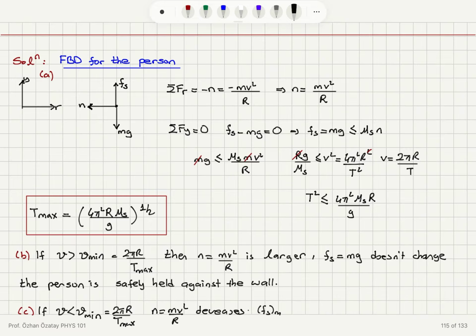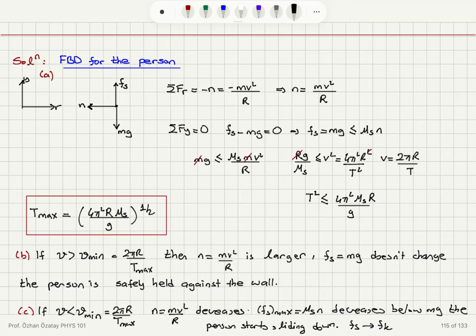The maximum friction I can have, mu s times the normal force, decreases below mg, the weight. So what happens is that the person starts sliding down, and the static friction will turn into kinetic friction.